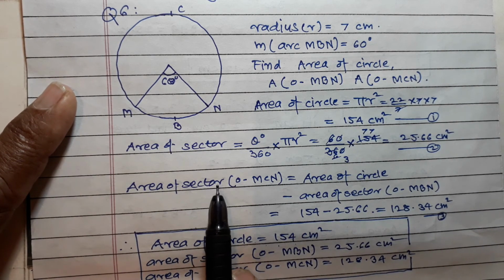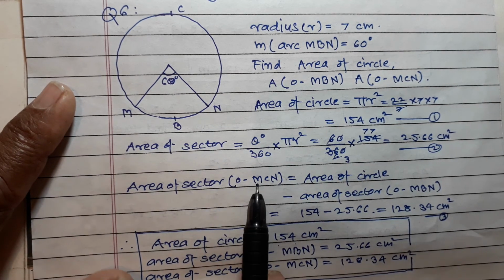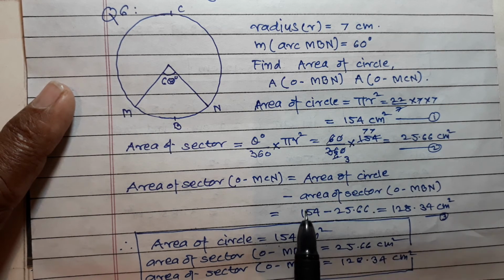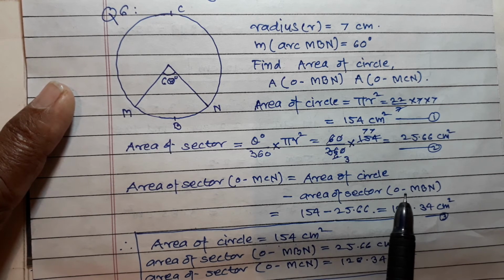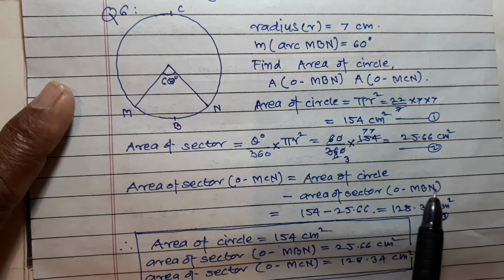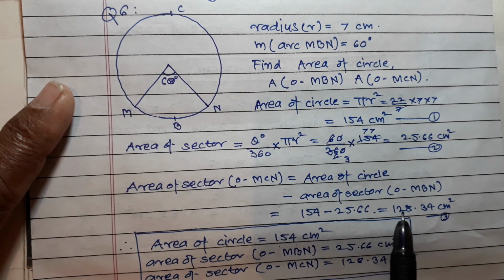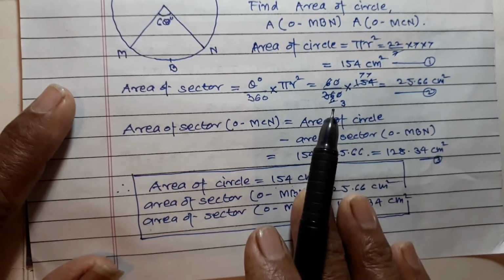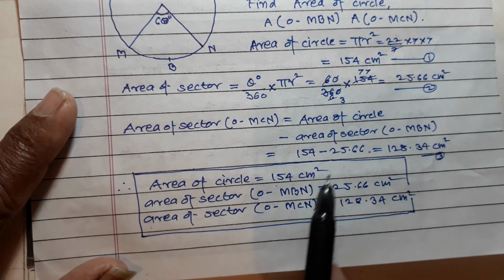Then area of sector O'MCN, that is area of major sector, is equal to area of circle minus area of minor sector O'MBN, and is equal to 154 minus 25.66, it gives you 128.34 cm square, and hence area of circle is equal to 154 cm square.